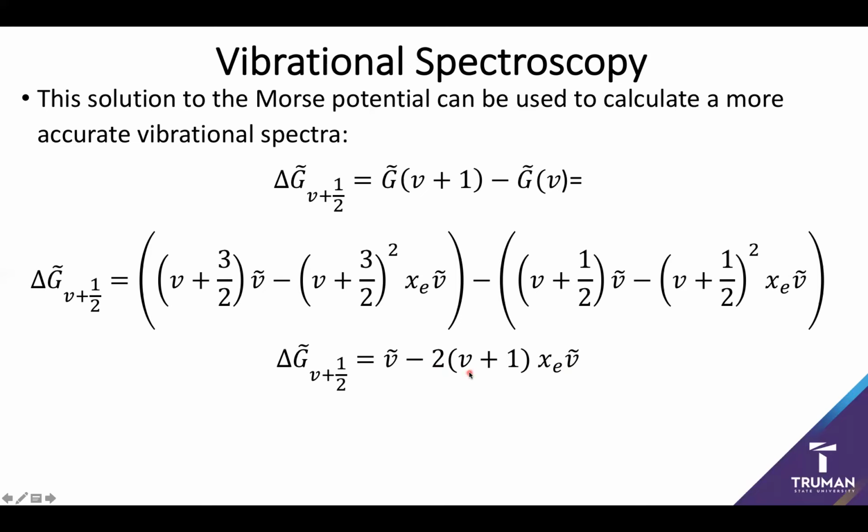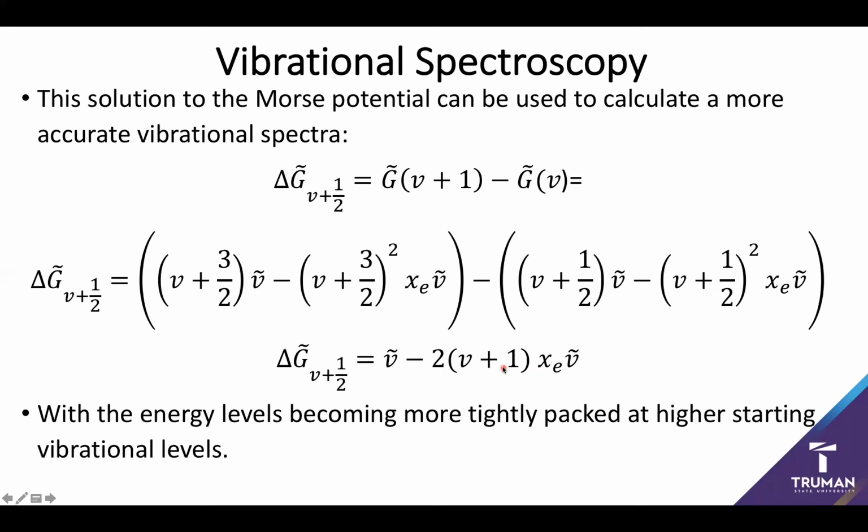By the time I get the heavily excited states, well, now this becomes, say, 3, 5, 7. It gets pretty big. And so as a consequence, our vibrational energy levels become a lot more tightly packed at higher starting vibrational levels. So as I excite out of an elevated starting state, I'm going to find that my wave numbers are going to slowly drop off towards 0 until the point where it takes almost no extra energy to reach complete disassociation.